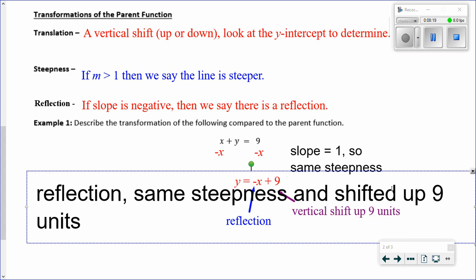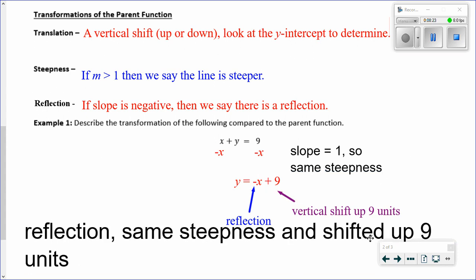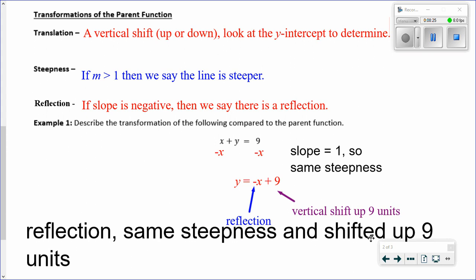Okay? And that would be my answer if it asked me to describe the transformation. It's a reflection, the same steepness, and shifted up 9 units. Okay? So I literally just check off each kind of transformation and talk about it.